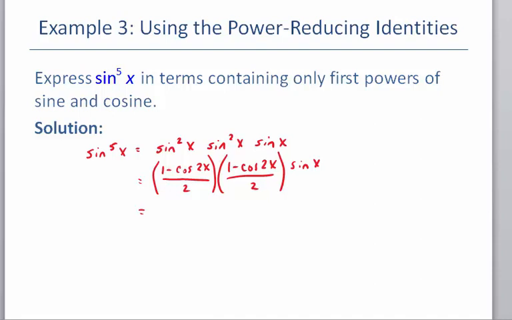So first times first will be 1 times 1. My outside terms will be 1 times negative cosine 2x, which will be negative cosine 2x. My inside terms will be negative cosine 2x times 1, which is going to give me another negative cosine 2x.